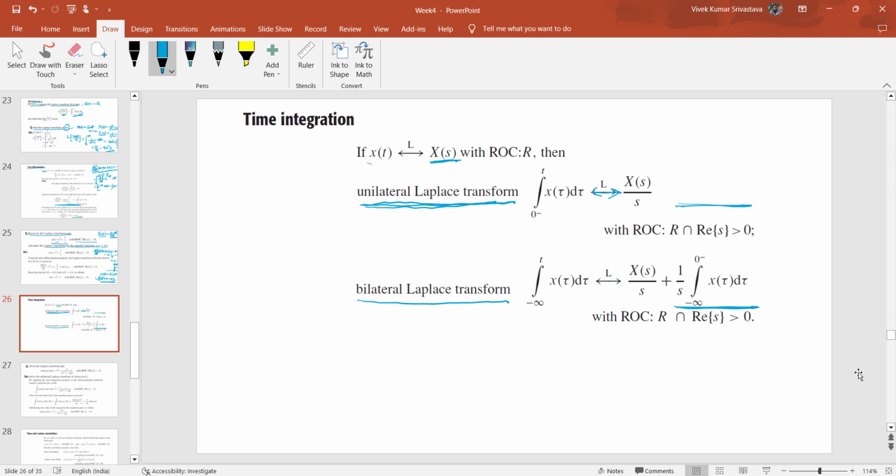So that's why for the unilateral Laplace transform, the Laplace transform of time integration is defined as X(s) over s, whereas for the bilateral Laplace transform, it is given as X(s) over s plus 1 over s times the integral from minus infinity to 0 of x(tau) d tau.